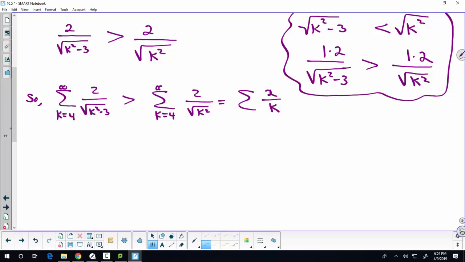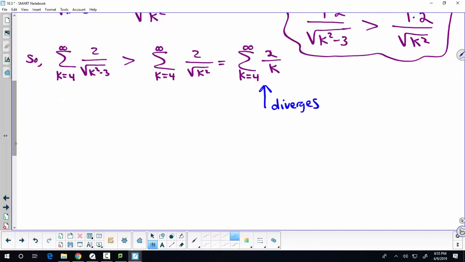We're trying to answer a question about a series that's larger than a divergent series. If the series is larger than a divergent series, it has to diverge as well. Here's how you got that it's larger.